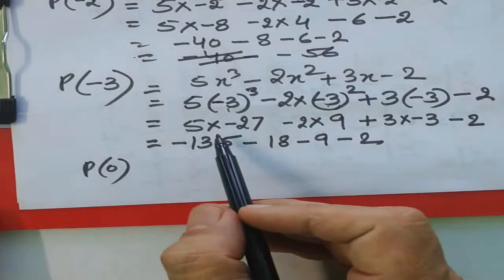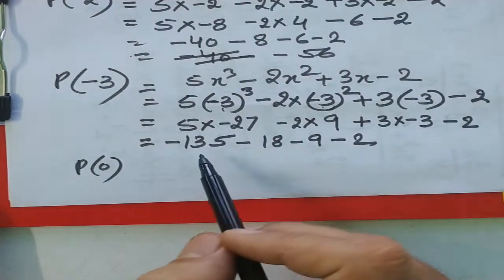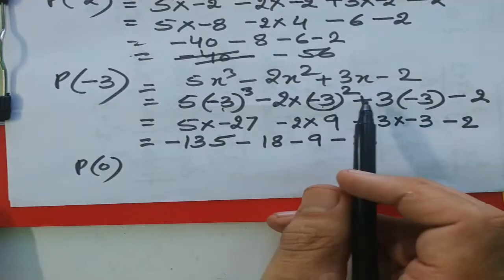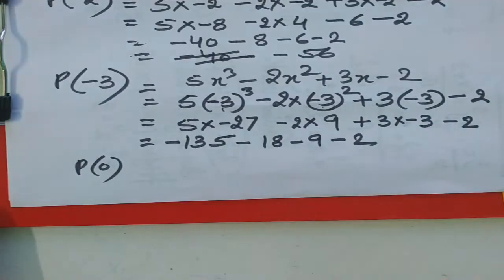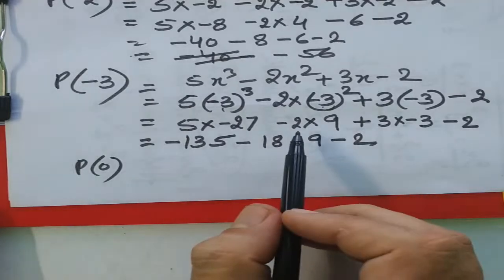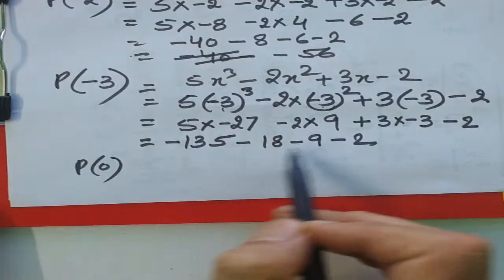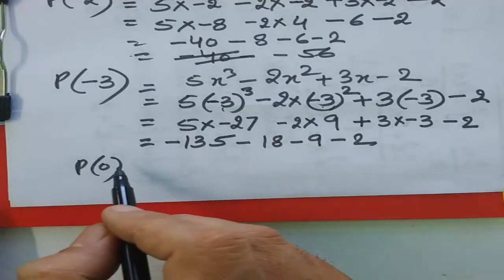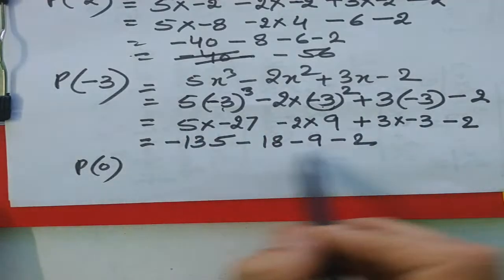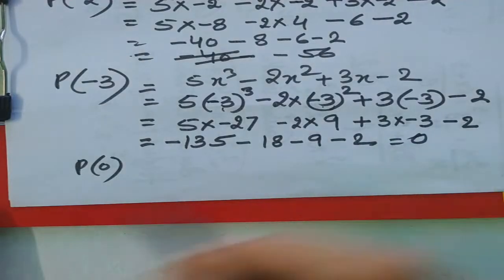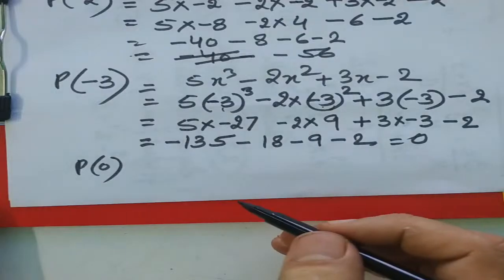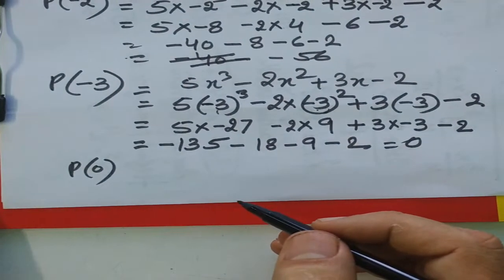Suppose it was 3, then it will become 9, everything will become plus, 5 into 27. So you have to get a number so that the answer of the whole expression becomes 0. Whichever number gives 0, that number will be called the zero of the polynomial.